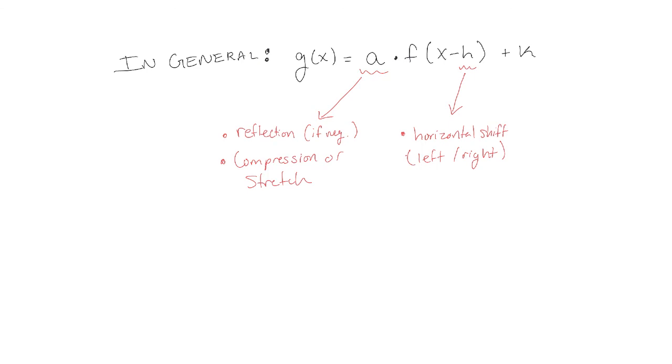Remember, because it's minus h, you're doing the opposite direction that you see. And then the last one is k. That's our vertical shift, meaning we're moving our graph up or down. All right, and that's it for the notes.